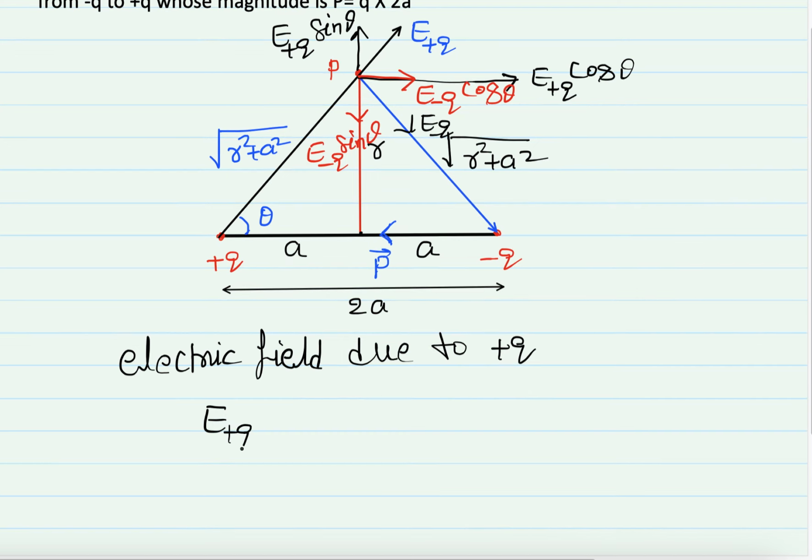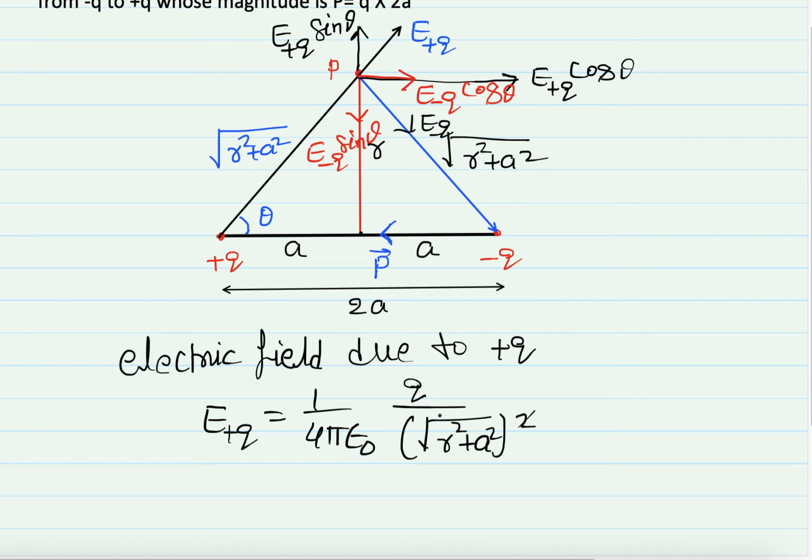E plus q is equal to 1 by 4 pi epsilon naught q by distance square. Here the distance is root over r square plus a square, whole square. The square root will get cancelled, so we finally get 1 by 4 pi epsilon naught q by r square plus a square.